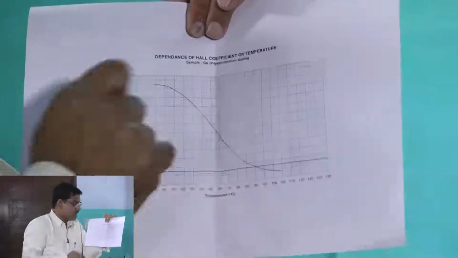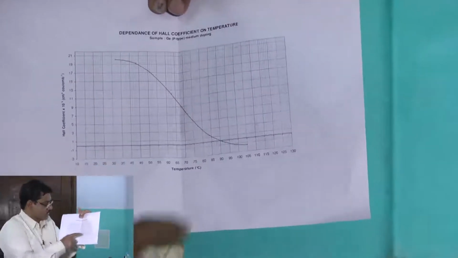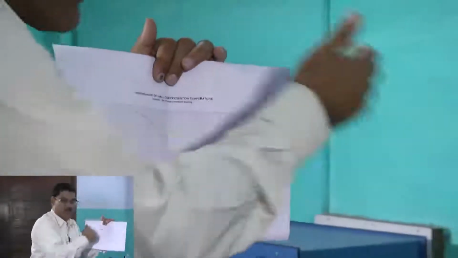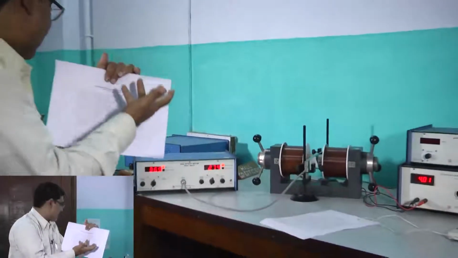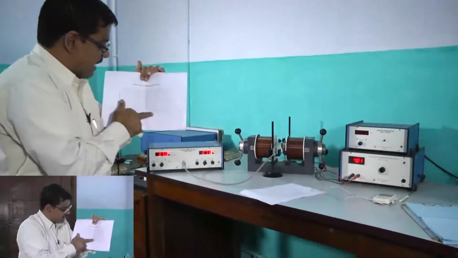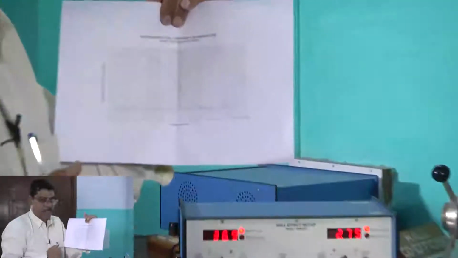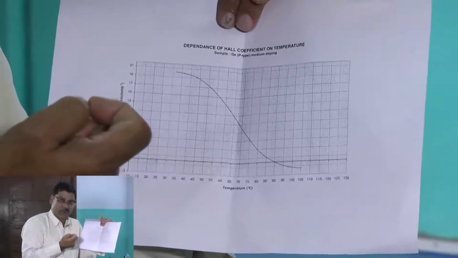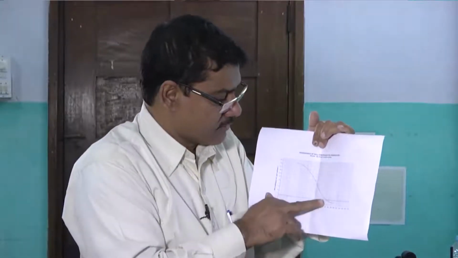Since this curve is for this sample, you will get this type of inversion at 90 degree, and then you can find out the ratio of the mobility of hole and electron.